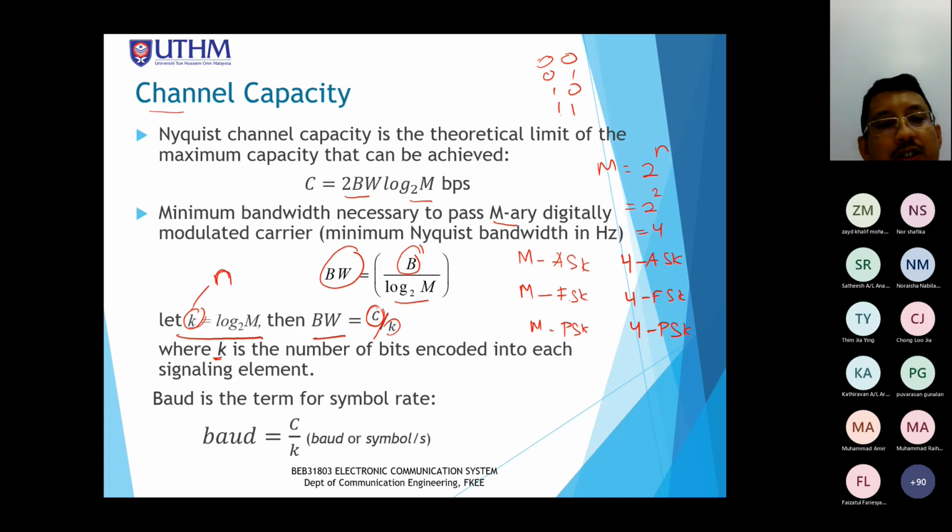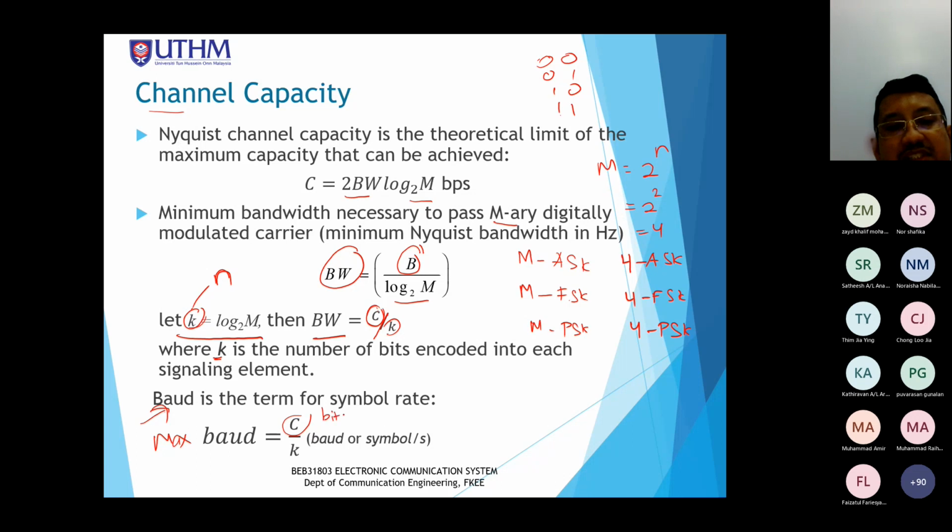So another parameter is the baud. Baud is a symbol rate. So the maximum baud is the capacity divided by the number of bits per symbol.